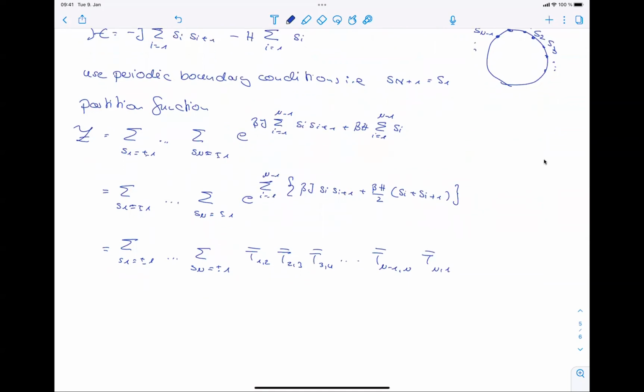And so here I define the transfer matrix T i plus 1 as e to the power of beta J Si Si plus 1 plus beta H over 2 (Si plus Si plus 1). Sorry, that has to be in the exponent.